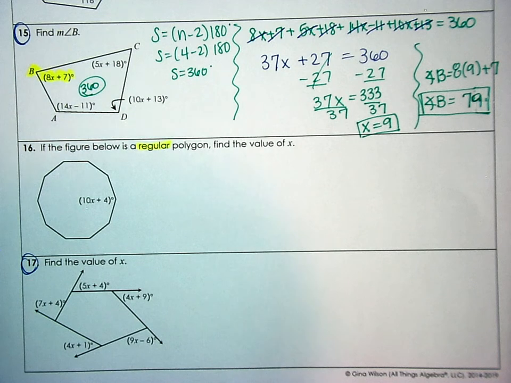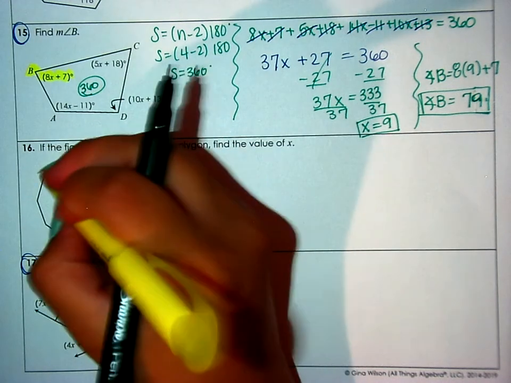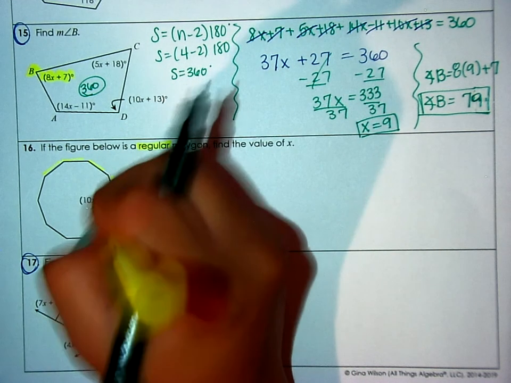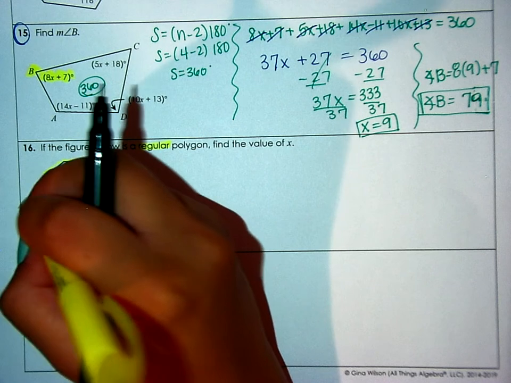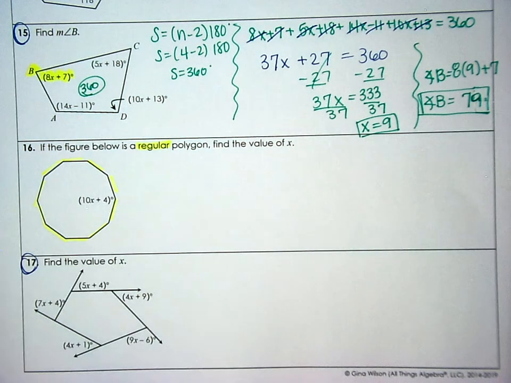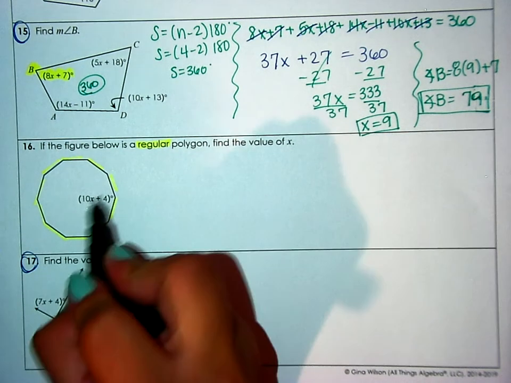I'm going to show you a shortcut for this one because it's going to be super long if you don't. First, we're going to count how many angles it has, or how many sides. 1, 2, 3, 4, 5, 6, 7, 8, 9, 10. There are 10 sides, so there are 10 angles. So there's 10 of these things right here.